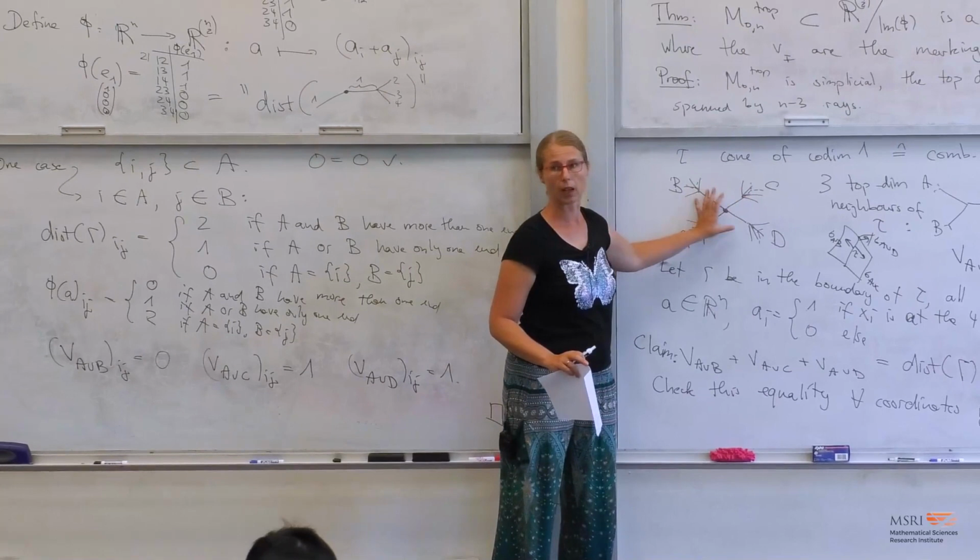And so once I know that this is a balanced fan, I also know that the same holds true for M_{0,n} of R^2, delta. So you could call it a corollary. Anyway, M_{0,n} trop of R^2 and some degree delta is a balanced fan.